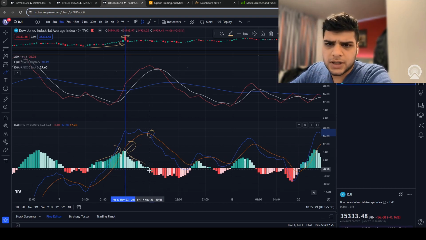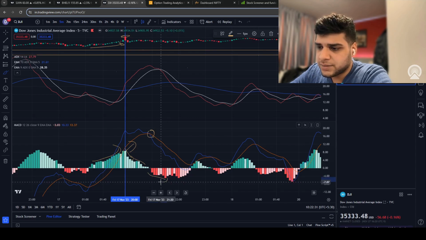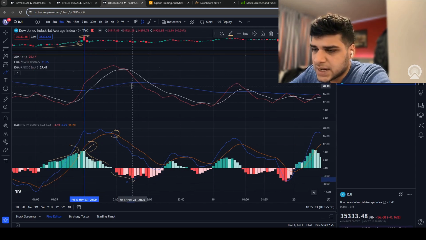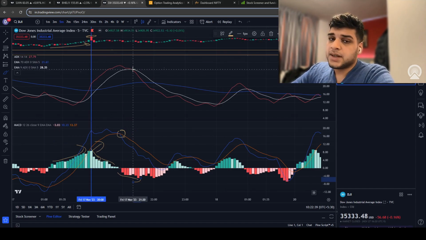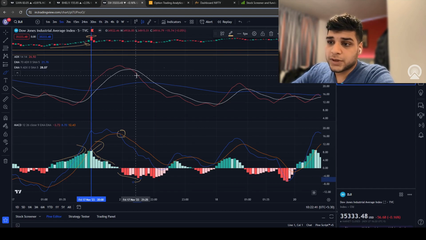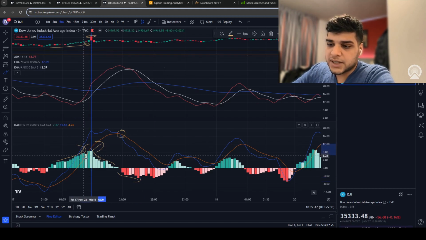And of course, the histograms work in the opposite direction when they're red. But as for what we're talking about here, as you can see, even the ADX gave the signal to get out of the bullish position a little later on. The first indicator really to give the exit signal was the MACD itself.